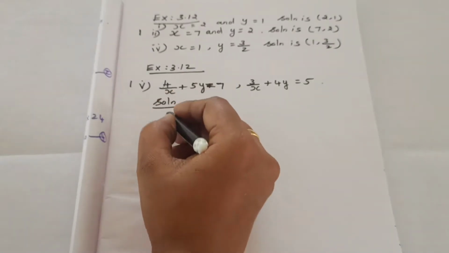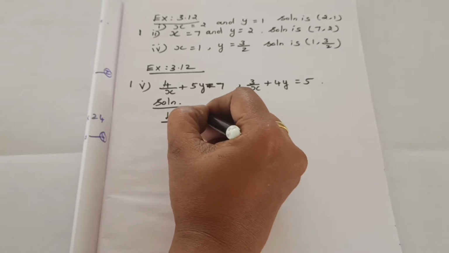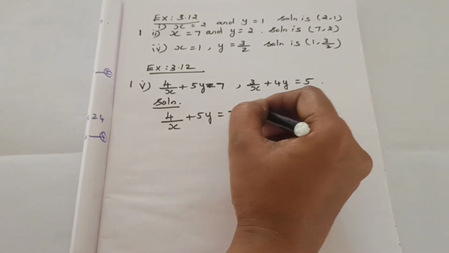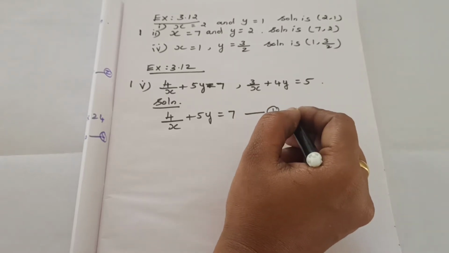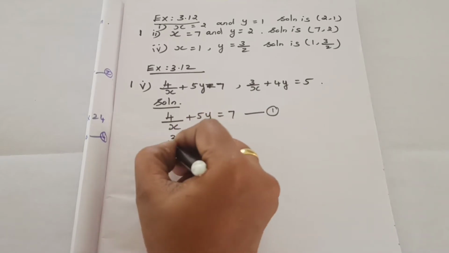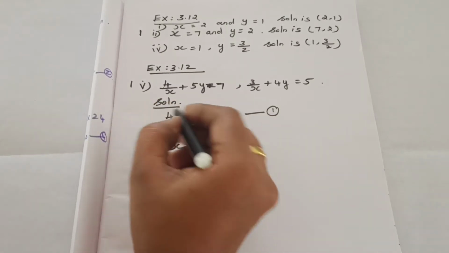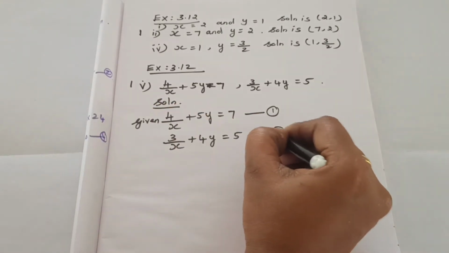Okay, so we write 4 by x plus 5y equal to 7. That is equation number 1. Then this is equation number 2, 3 by x plus 4y is equal to 5. Okay, that is equation number 2.